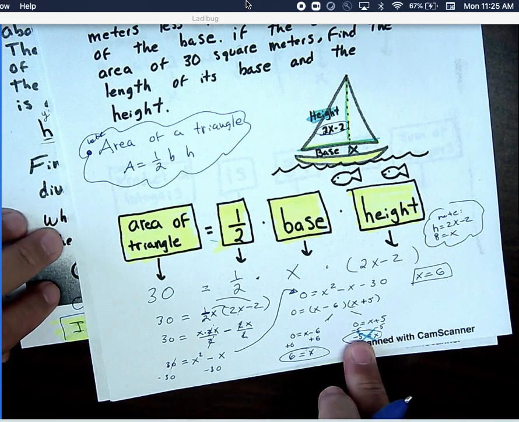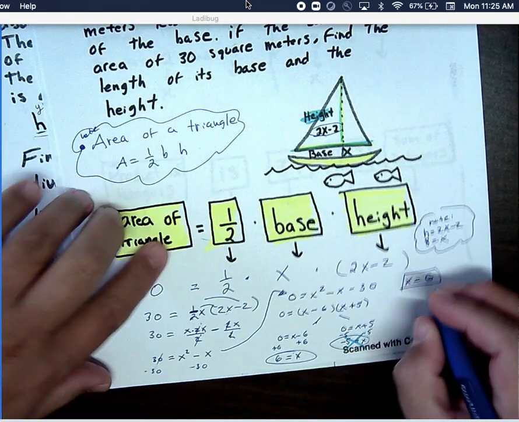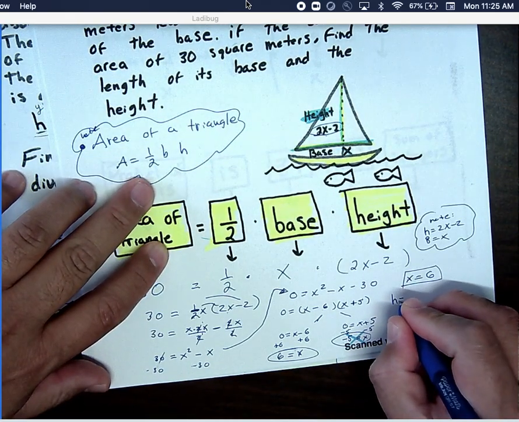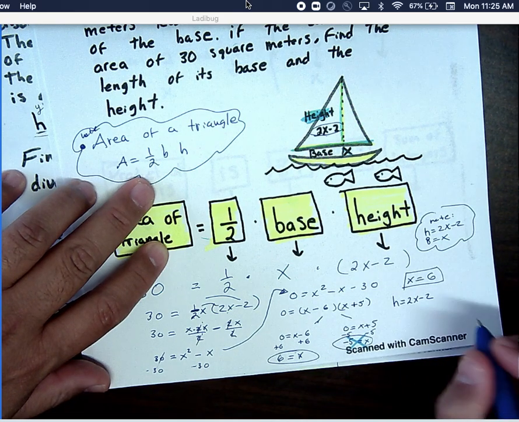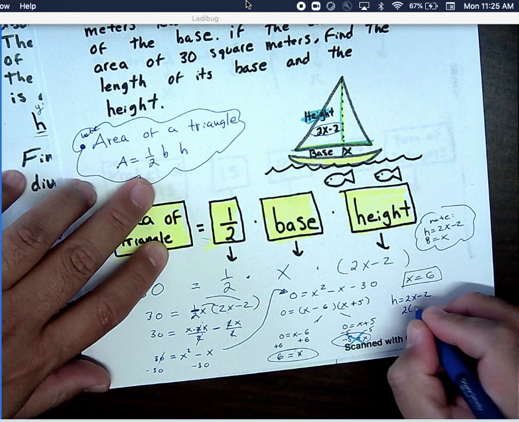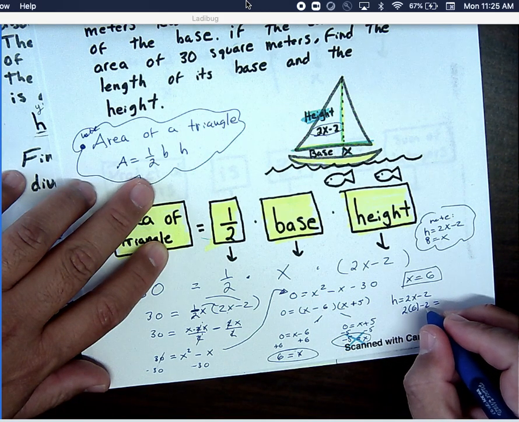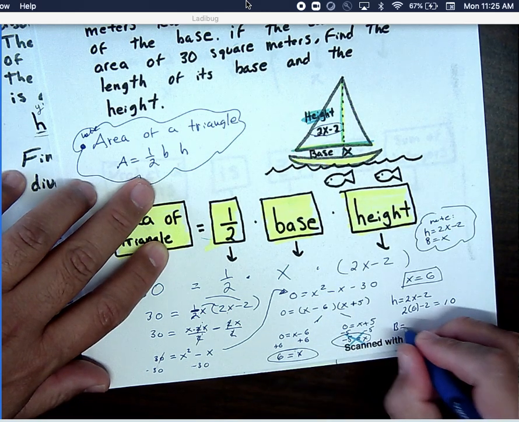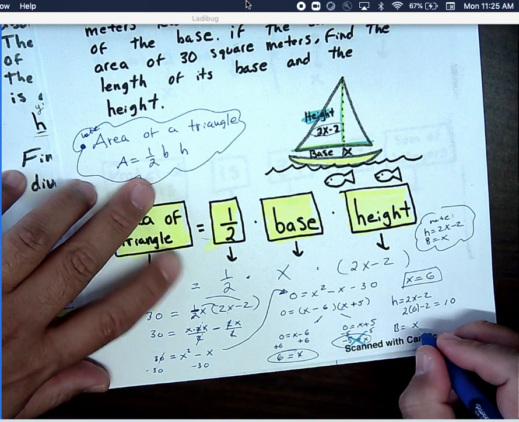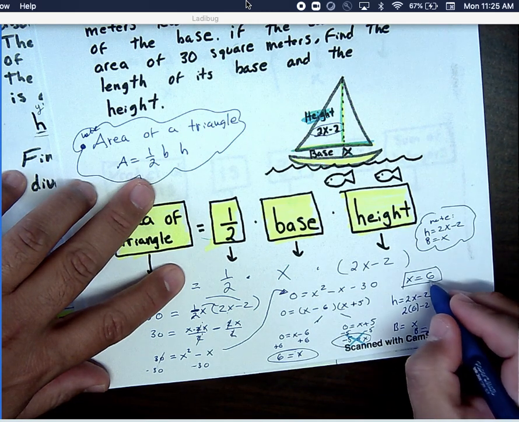Now we find the height. The height would be 2x minus 2, which in this case is 2 times 6 minus 2. 2 times 6 is 12, minus 2 is 10. And the base is just x, so the base is equal to 6.